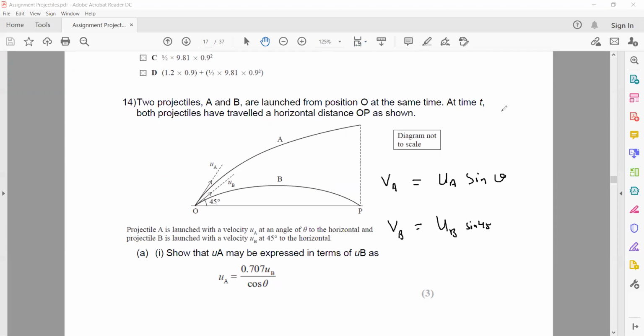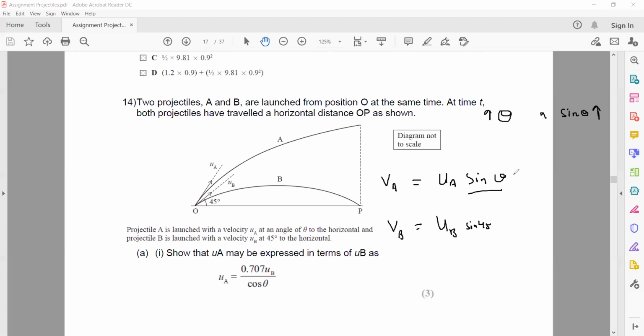As you know, when we increase the value of theta, the sine theta also increases. For example, sine 30, sine 45, sine 60: as the angle increases, the value of sine theta will also increase.